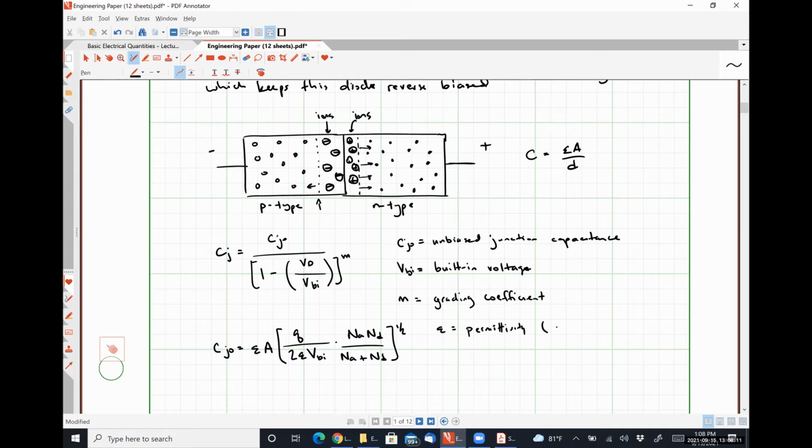For silicon, this is 11.8 times the permittivity of free space. Q is our elementary charge, 1.60218 times 10 to the negative 19 coulombs. Na and Nd are our acceptor and donor concentrations.